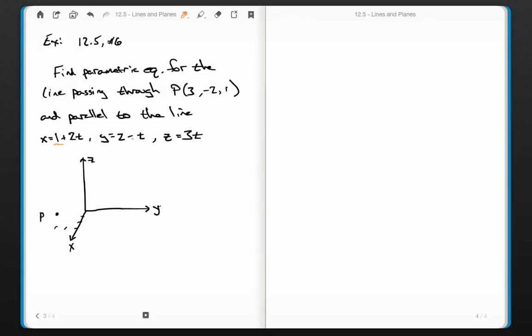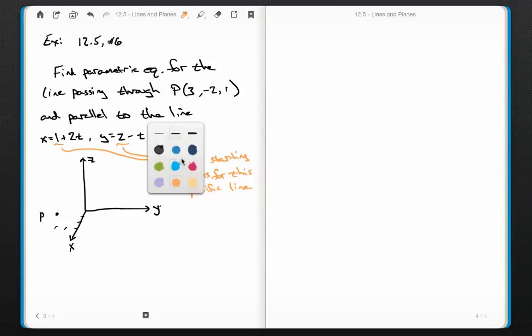That 1 and that 2 are really just starting points for this specific line. Those are just starting points for this specific line.